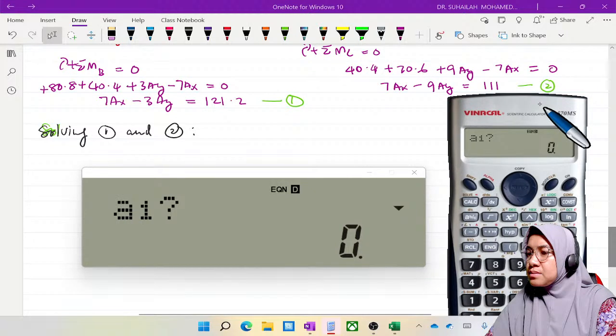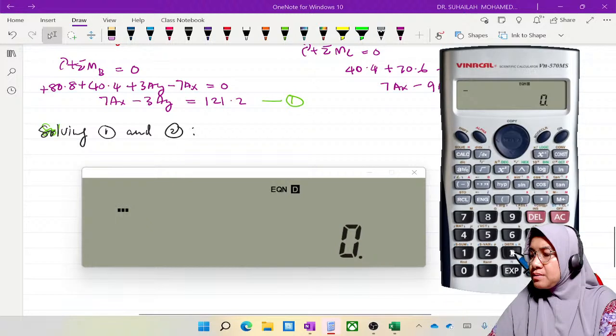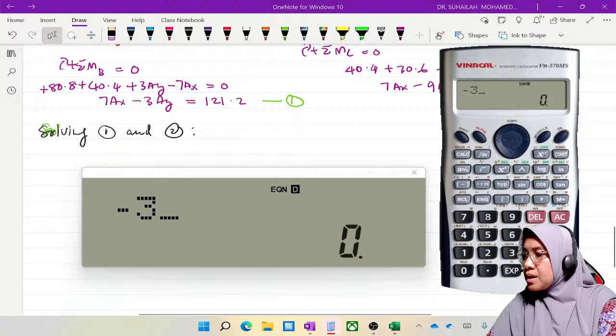We get A1 is 7, B1 is -3, and C1 is 121.2.